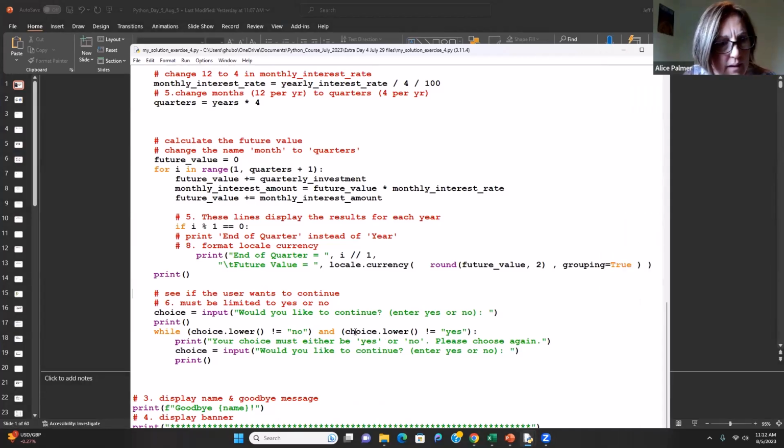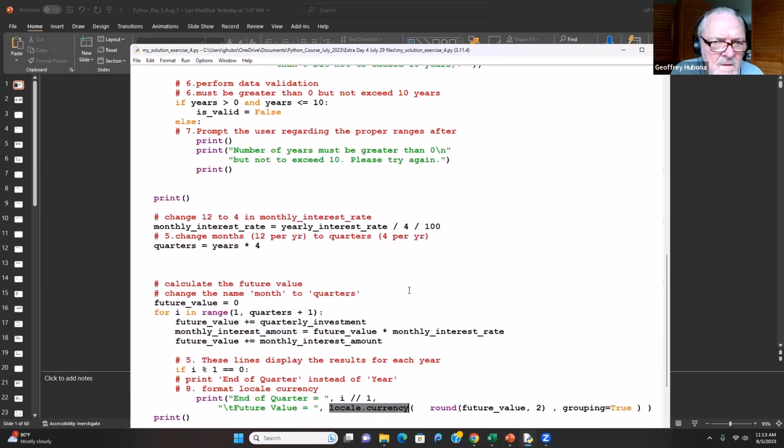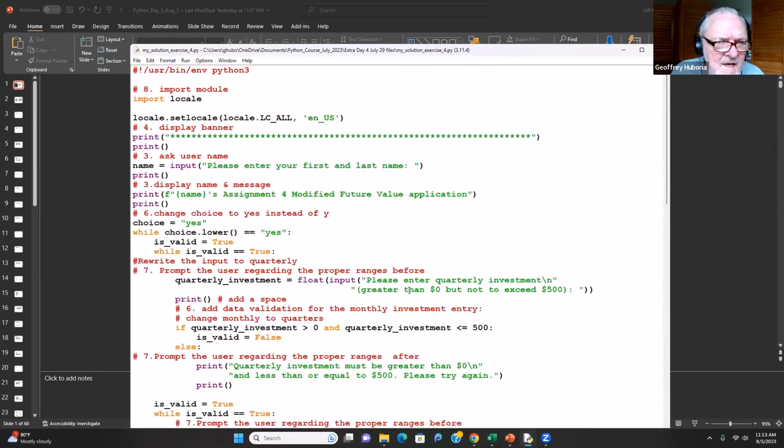Okay. That's a good question. I'm not sure I have the complete answer. Here's the first piece, right? Format local currency. And I think that's really the only piece. You have to use this function, which is in the, oh, I see, locale set, yeah, I get what you're saying.